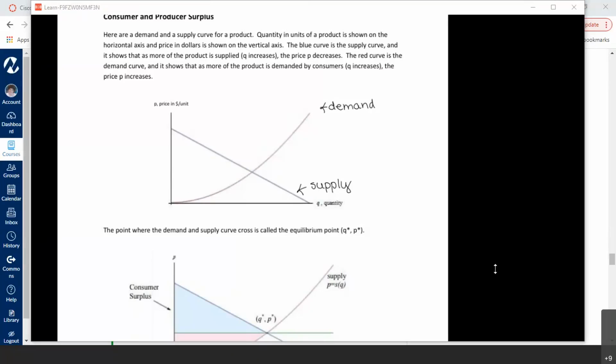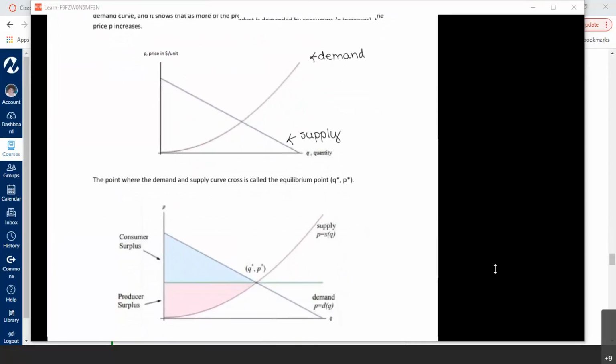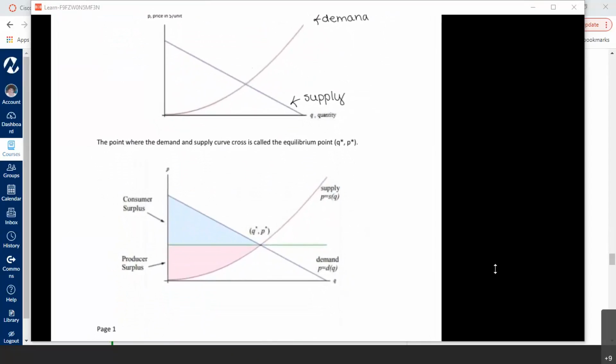Everybody comfortable with the idea? Okay, so again, you'll notice these two curves cross at some point in the middle, and that's called the equilibrium point. It's usually represented in economics with a little star. So here's the equilibrium quantity.